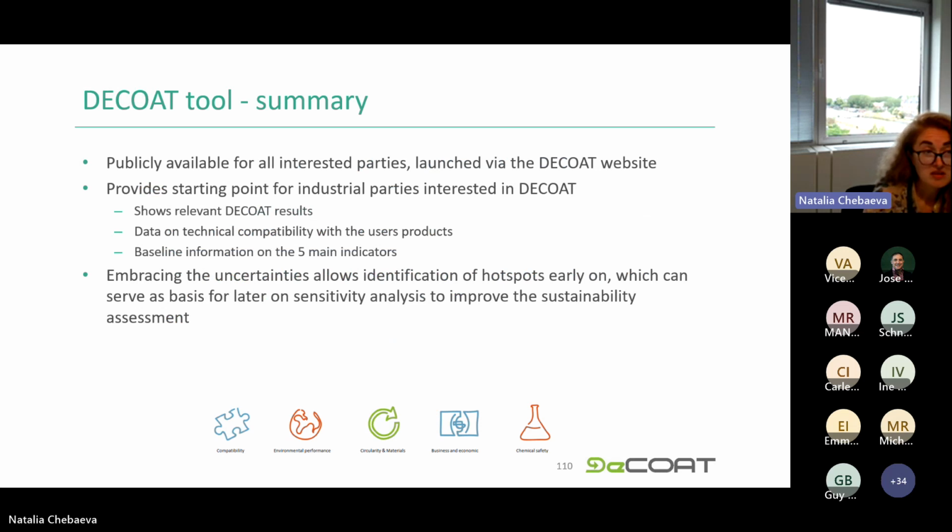To summarize, we now have a publicly available tool for all interested parties. It is intended to be a starting point for users to show the relevant solutions of the DECOAT project for their situation, and provide some baseline information on the 5 main categories of performance.